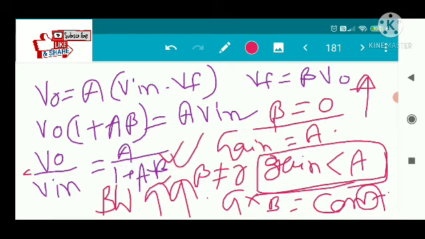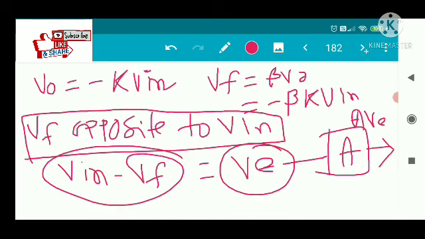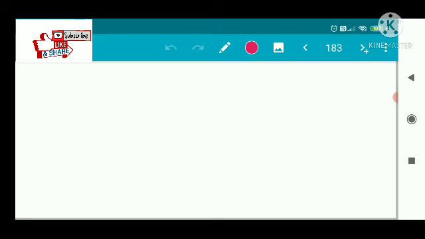Okay, so these are the advantages of using the negative feedback. That's why all of the feedback is given to the negative terminal, providing negative feedback. This is called degenerative feedback.